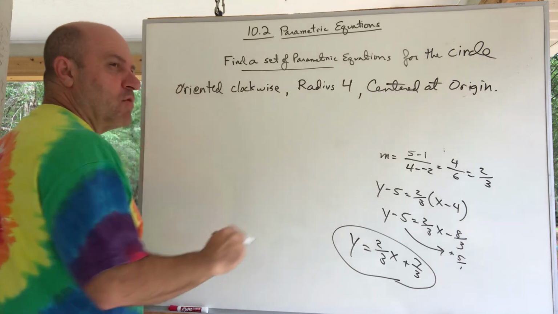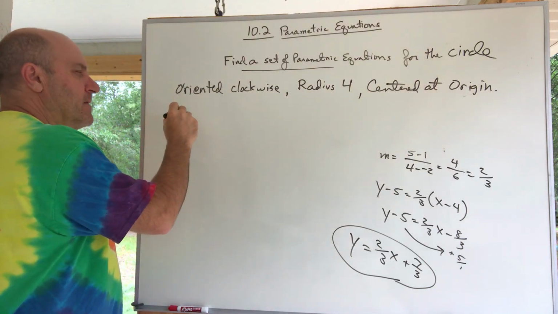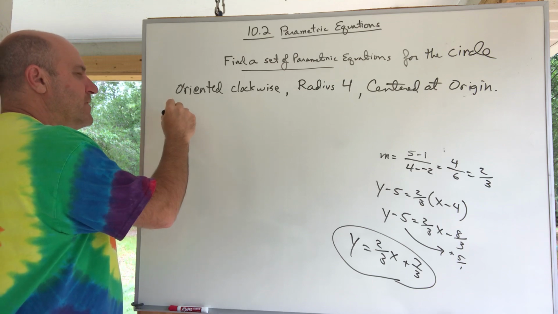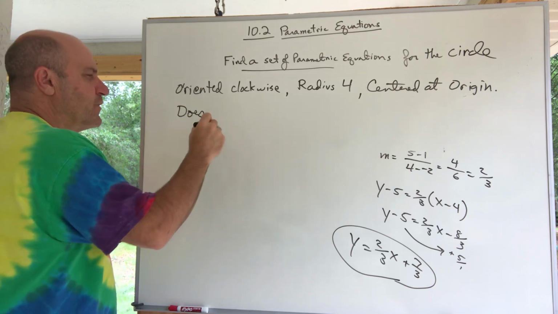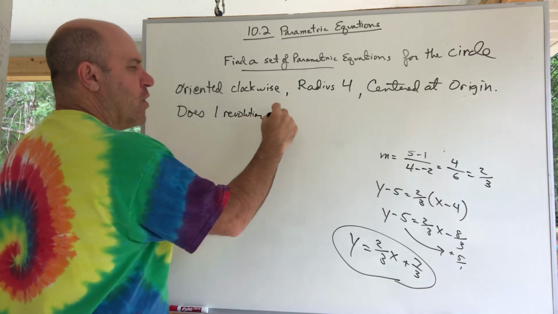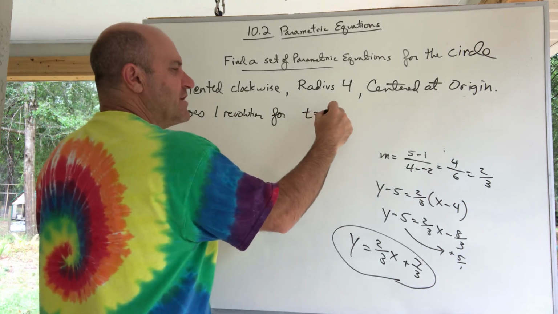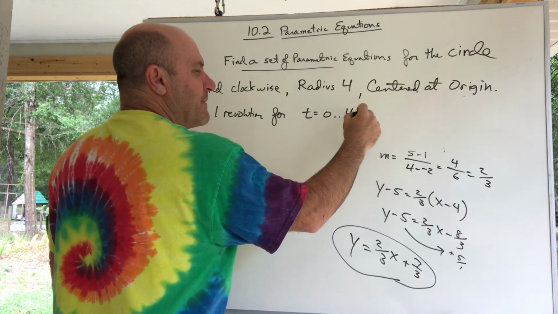And we're going to say one more thing. As it travels around this circle, it does one revolution for t from 0 to 4 pi.